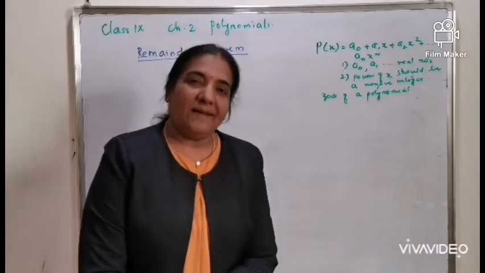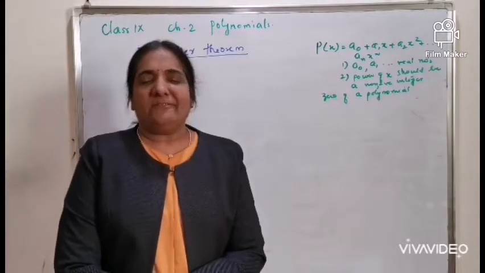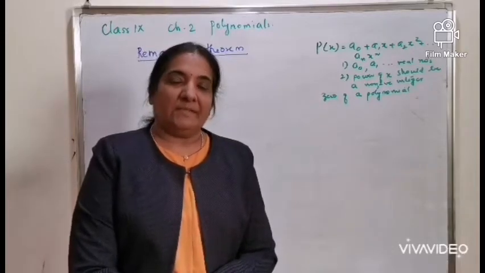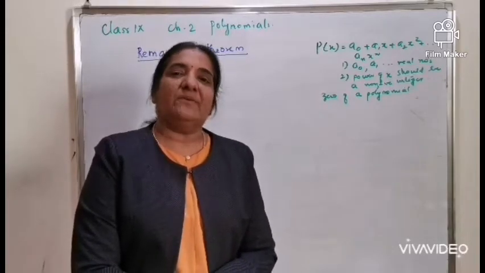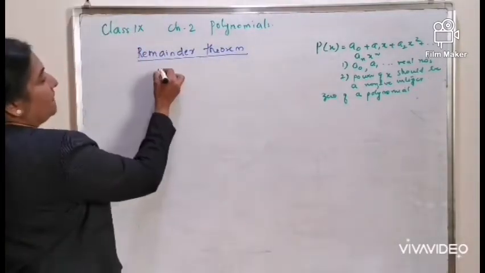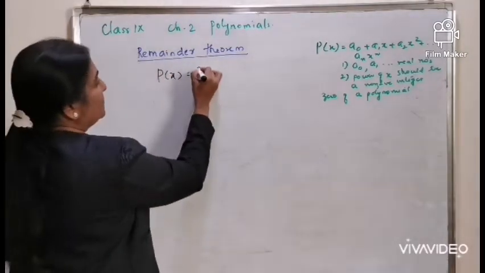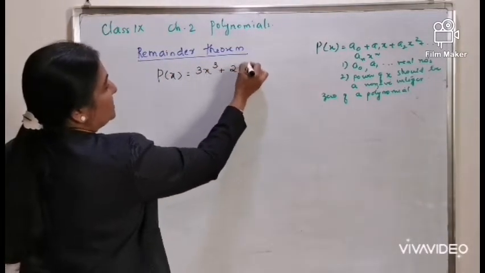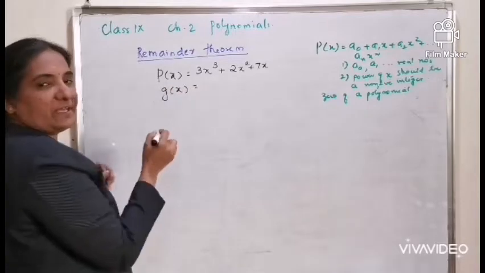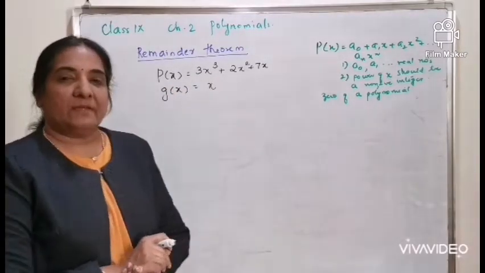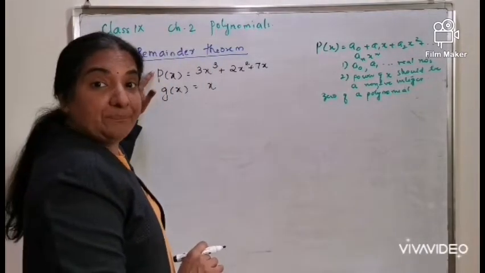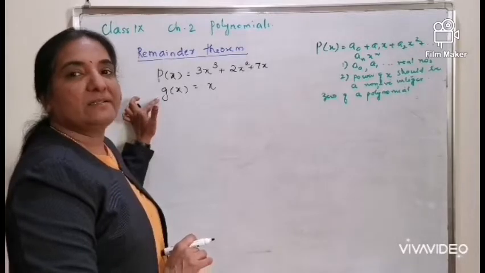In the topic under our consideration, can we divide a polynomial by another polynomial? And what can be the possible remainders? Let's take the example of a polynomial p of x as 3x cubed plus 2x square plus 7x and another polynomial g of x as x. We want to check whether p of x can be divided by g of x.